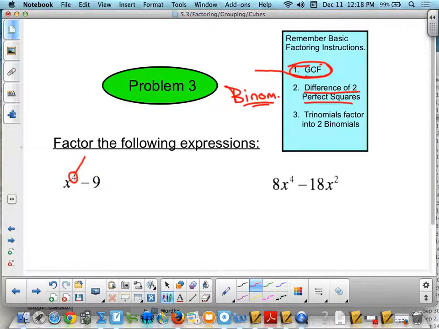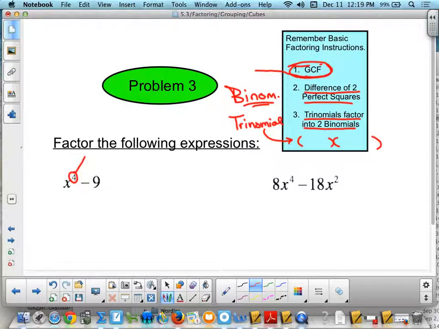If it is, factor it. If it's not a binomial, then it's a trinomial. And trinomials factor into two binomials. That's what you guys know when it comes to factoring.